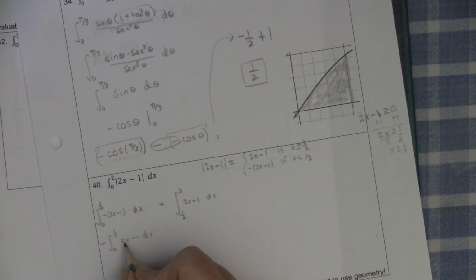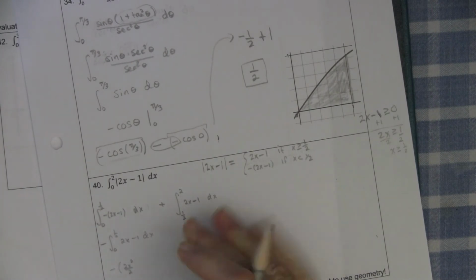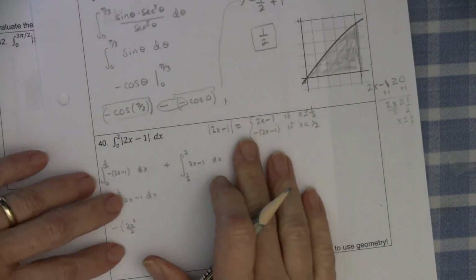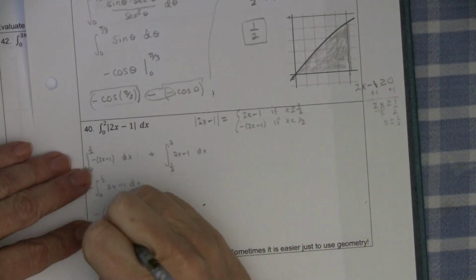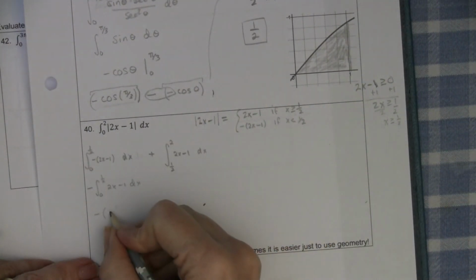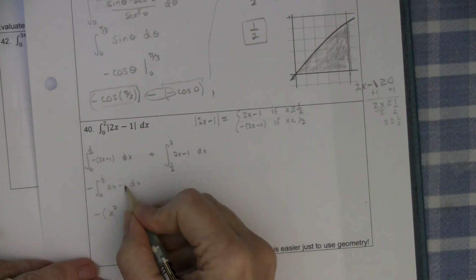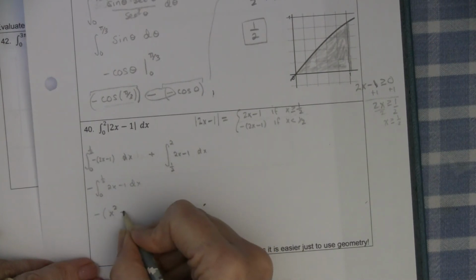And if I take the antiderivative of that, my negative is going to go here with parentheses, then that would be 2x to the second divided by 2. Do you guys agree that 2 divided by 2 is 1? And so I'm just going to have x to the second here. And the antiderivative of 1 is x, with the negative.